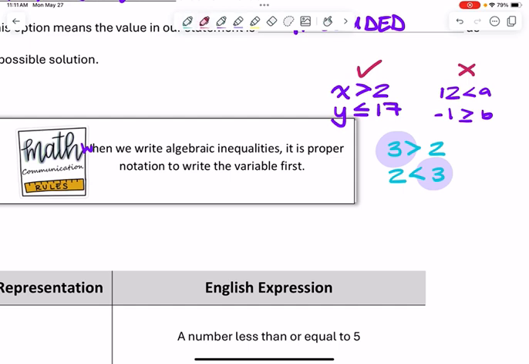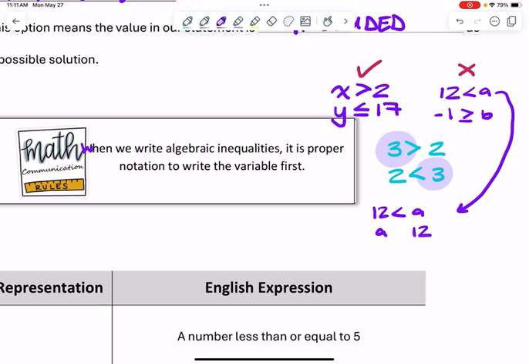Now, this is pretty obvious when we have numbers and we can see which one's bigger and which one's smaller. But that same idea applies to values that aren't numbers, for variables, for example. So if I wanted to rewrite 12 is less than a in that proper form, I would flip my variable to go first and my number to go last.